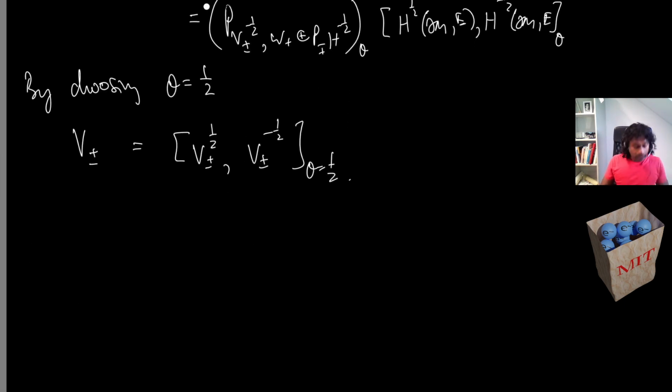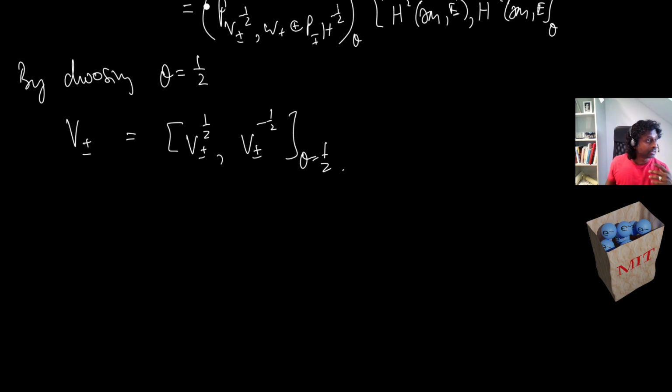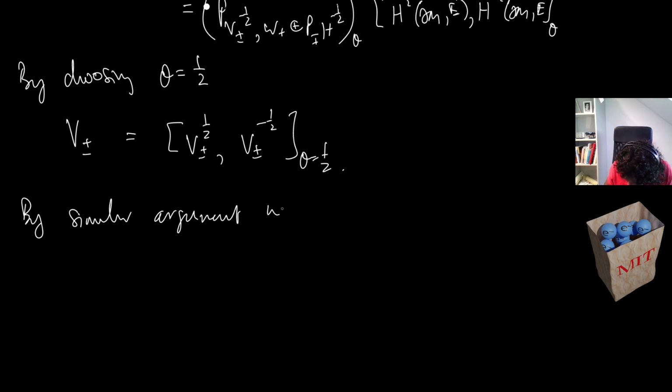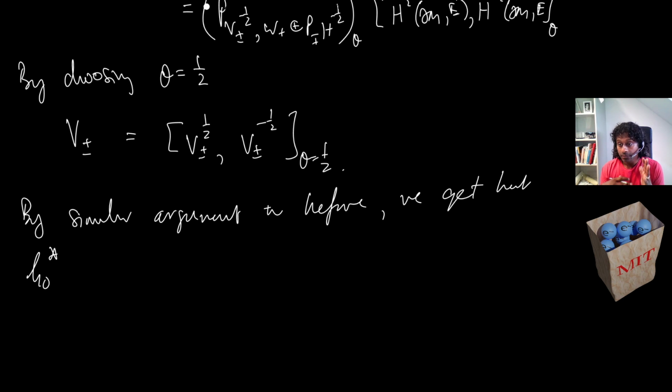Okay, so now that we have that, by a similar argument to before, we get that H naught adjoint. H naught is now a map that is H half bounded, right?